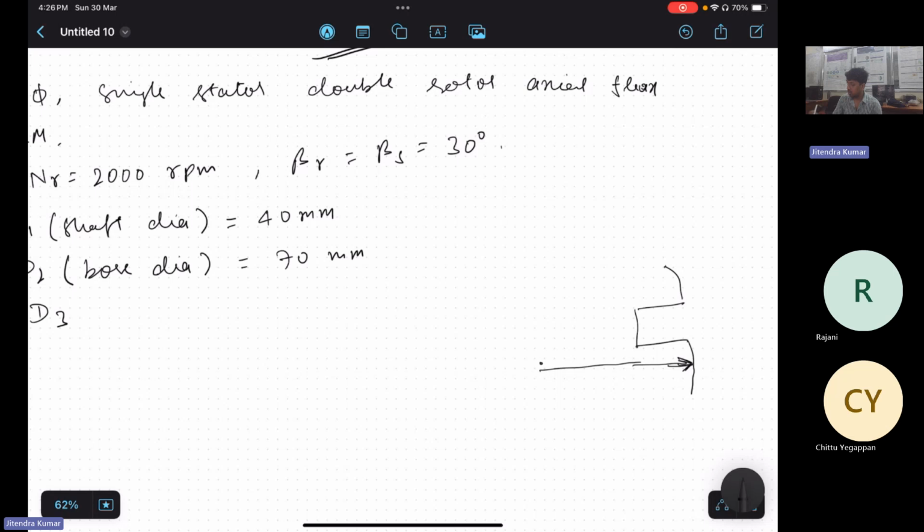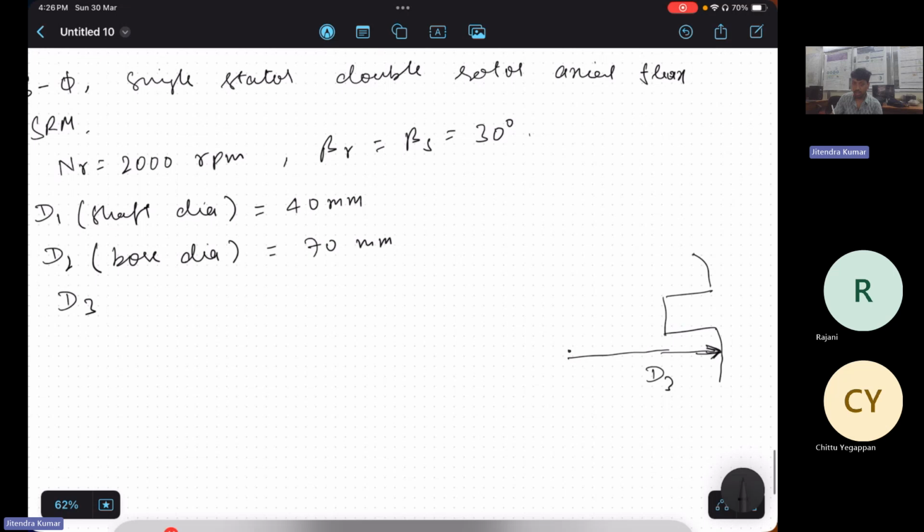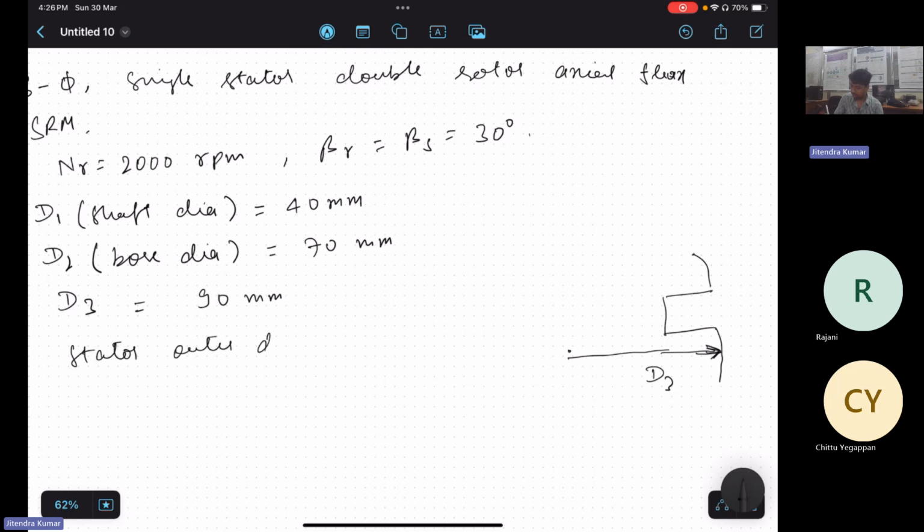That diameter D3 is given as 90 mm, and D4, the stator outer diameter, is 110 mm.